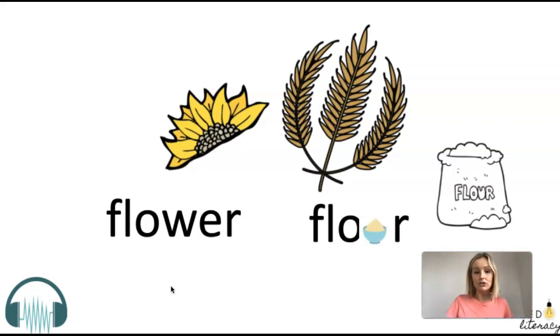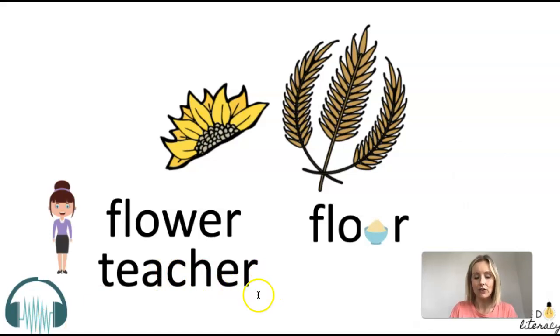Another thing you can do is remember that the word flower has got ER on it. So if we sound this one out, it's f, l, ow, er. And then when I think of words like teacher, mother, brother, sister, they also have the ER on the end.